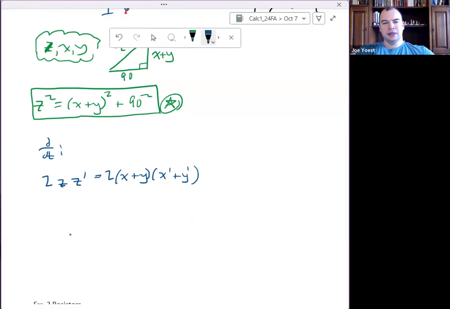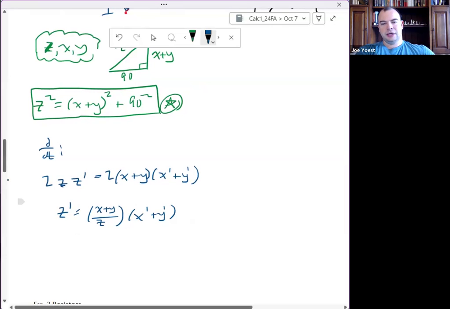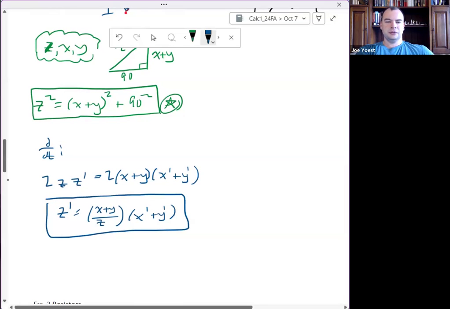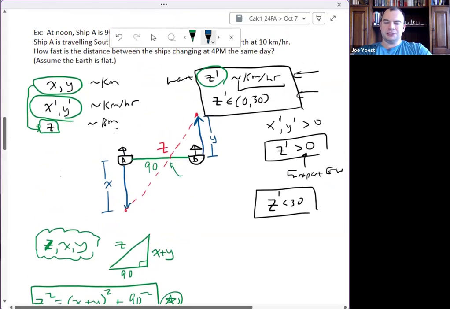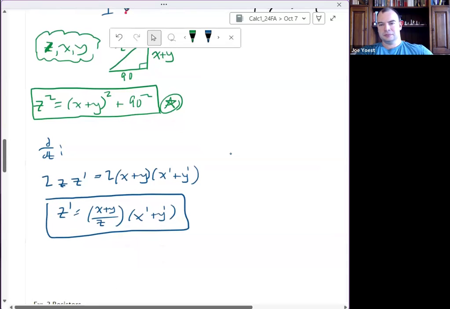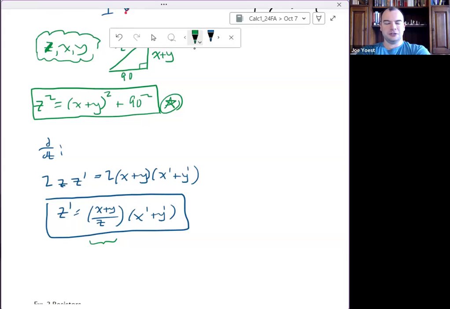I can solve for z prime. And I think this is what z prime should be. I don't really have a good idea of what size it is at this point, but I can check the units. If I look at this first factor, x plus y over z, x and y are in kilometers, z is in kilometers.